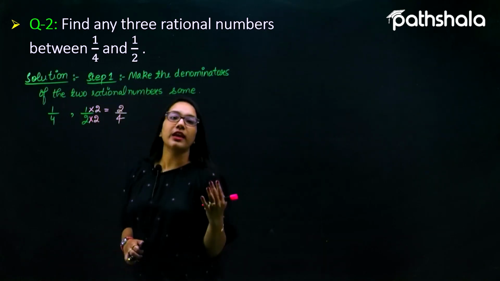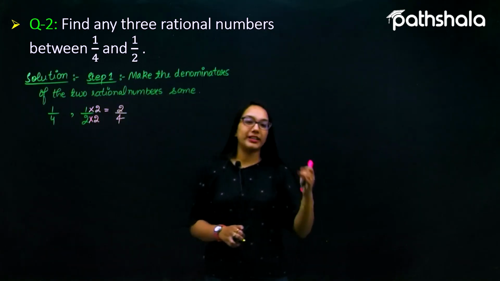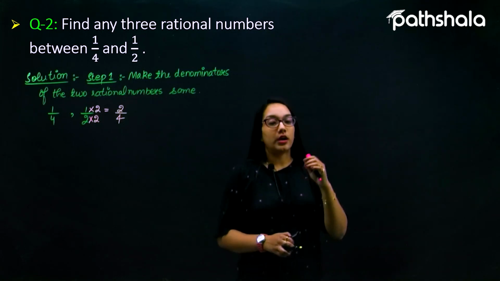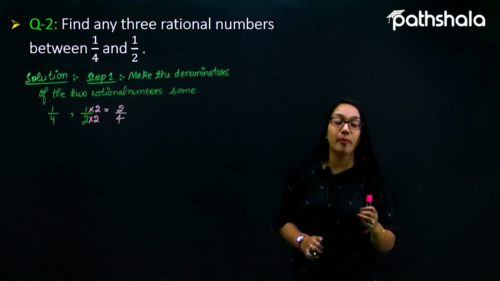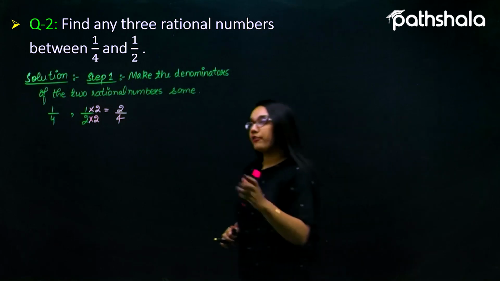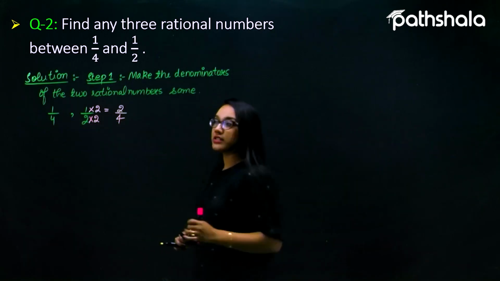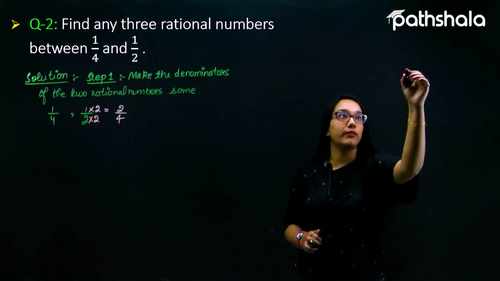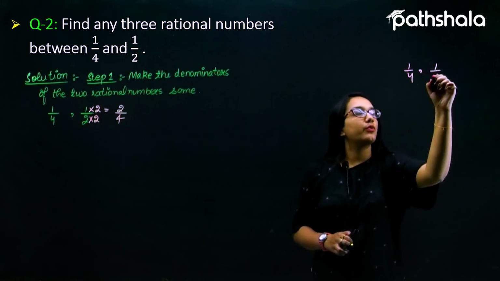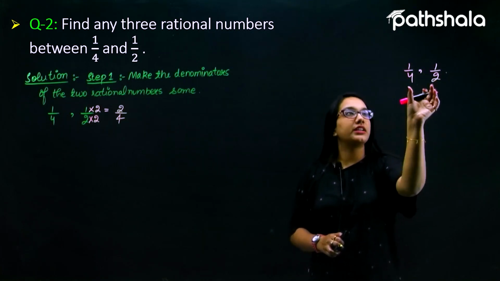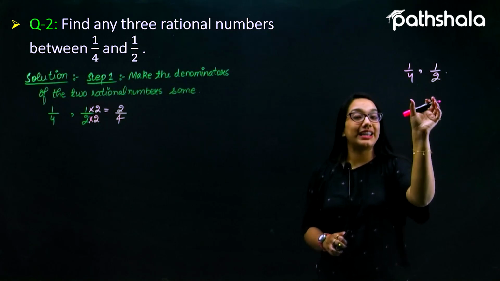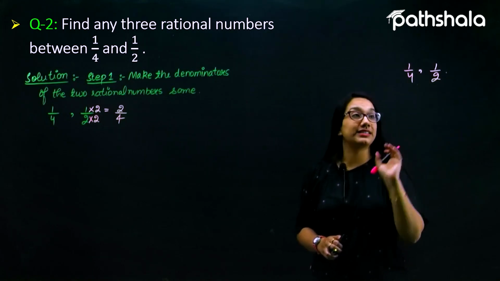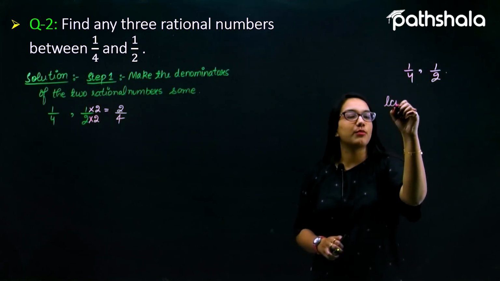In another way, you can also form it into the same fraction like this. For instance, if I talk about 1 by 4 and 1 by 2 over here, we can make the denominators of both of them the same by taking the LCM. Let us take the LCM of 4 and 2.